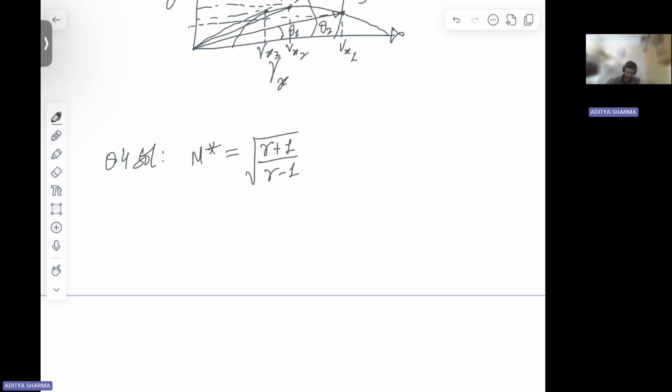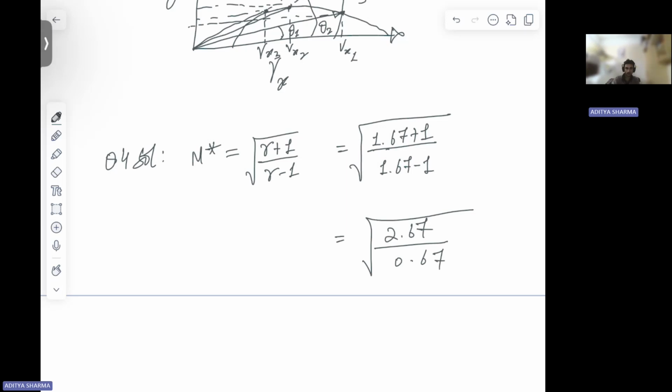Now gamma we have as 1.67, plus 1, minus 1. So this is 2.67 divided by 0.67, root. So let's calculate this.